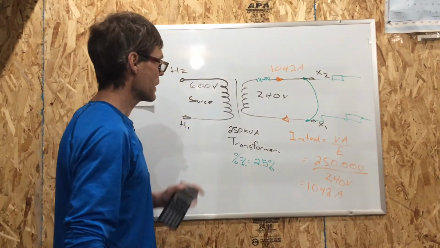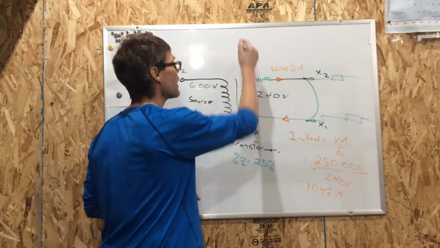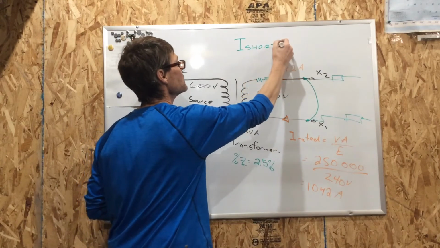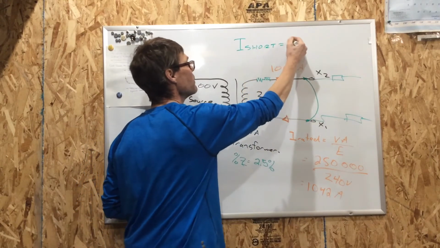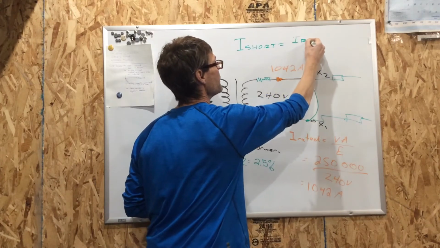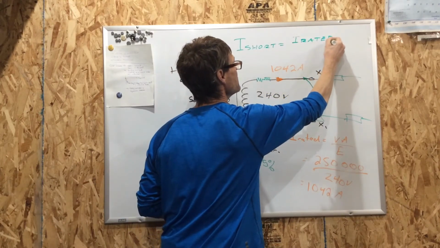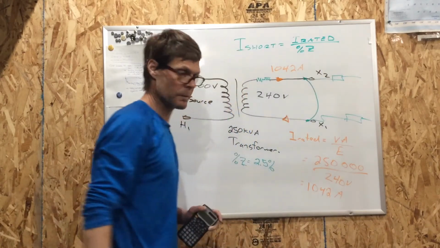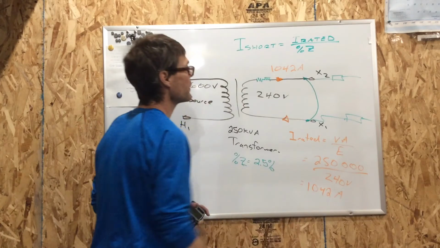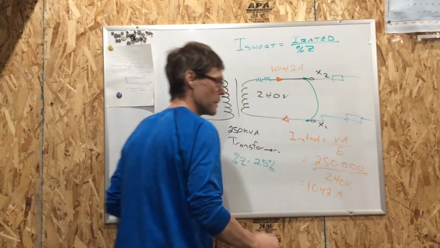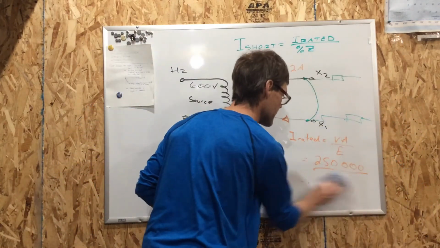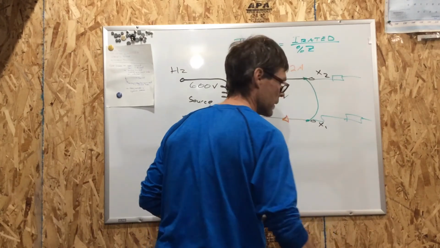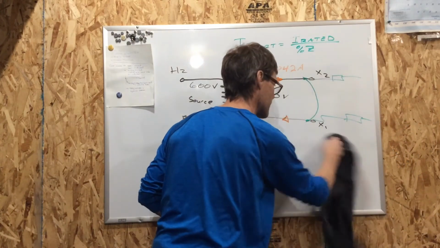impedance. So what that's going to do is our I short circuit will be equal to I rated divided by our percent impedance. So I can take this number right there, that 1042, which we've already calculated, and get that all the way down there.